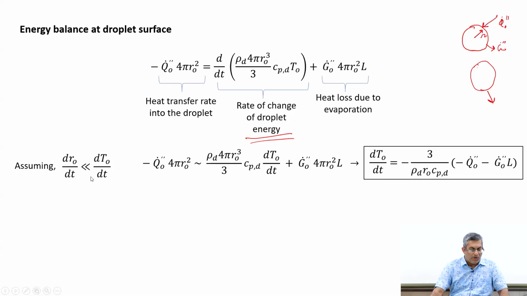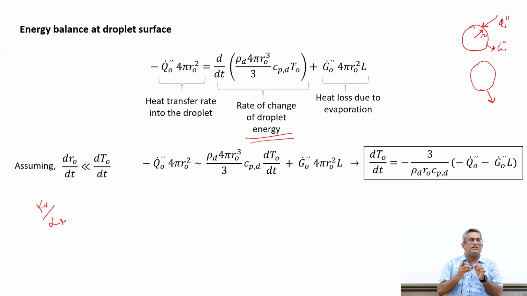Okay. Now, when will this happen? We have this term, which represents the evaporative flux, or how fast the droplet evaporates. Then we have the thermal diffusivity of the liquid, how fast heat diffuses in the liquid.